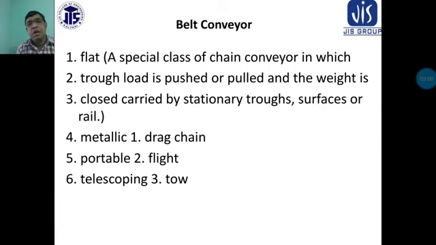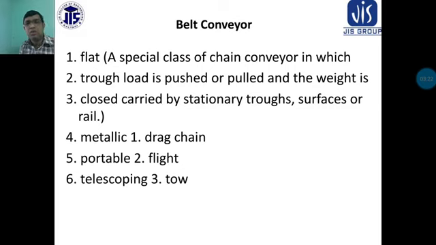With the driver and driven pulleys on the belt conveyor, sometimes the belt has to move over a very long distance. Then you have to consider some idlers to avoid sagging of the belt. That means the belt, under the material's own load, goes in the downward direction, and this is the sagging.